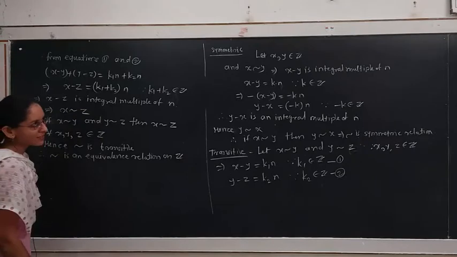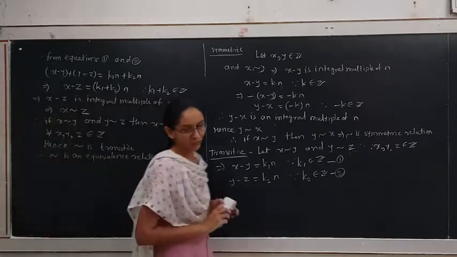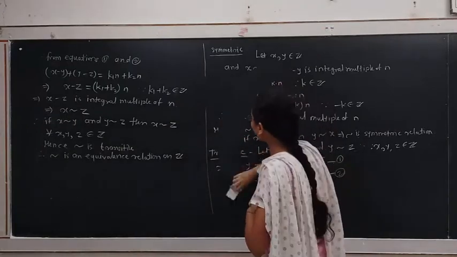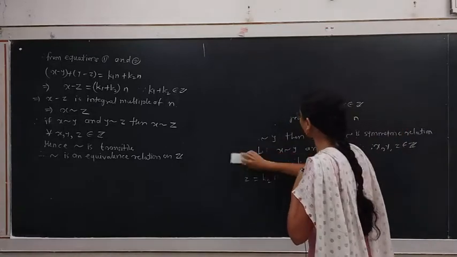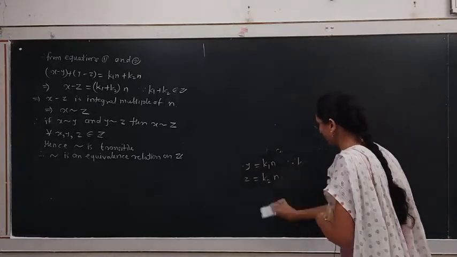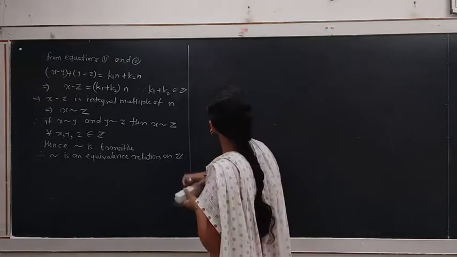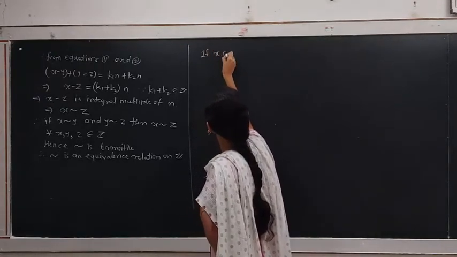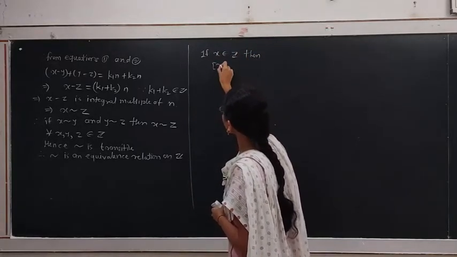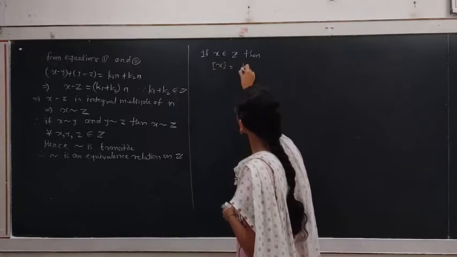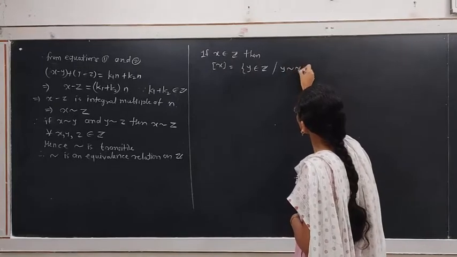Next we calculate the equivalence classes of elements of Z. Suppose x belongs to Z. We also have to find equivalence classes of all integers. If x belongs to Z, then what is the equivalence class of x? It is equal to the set of all y belongs to Z, where y is related to x.